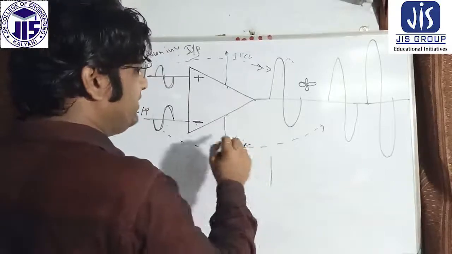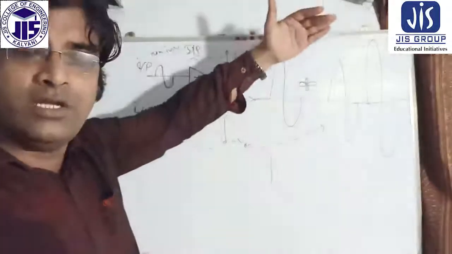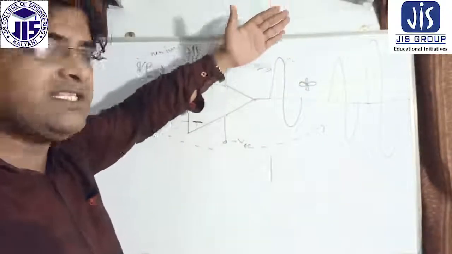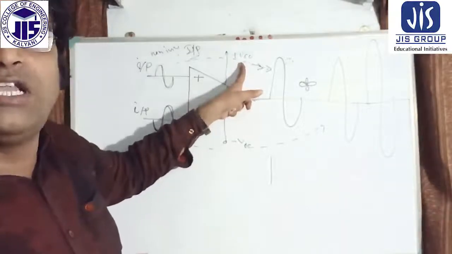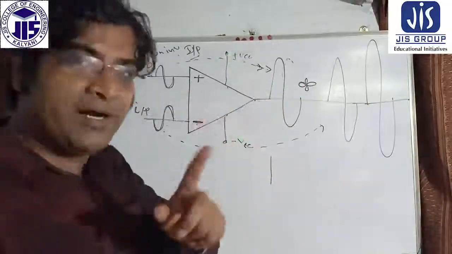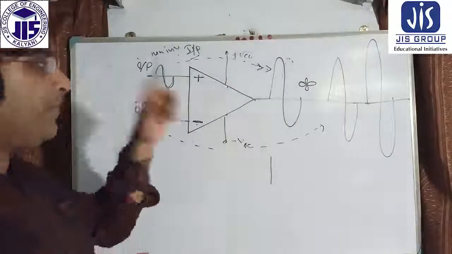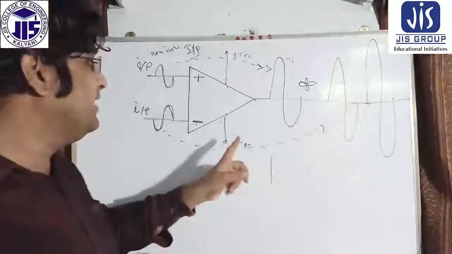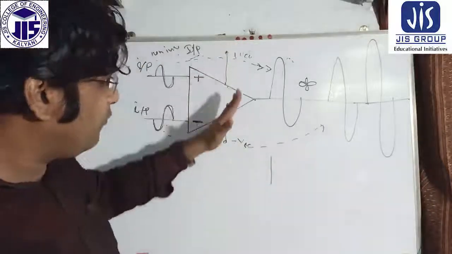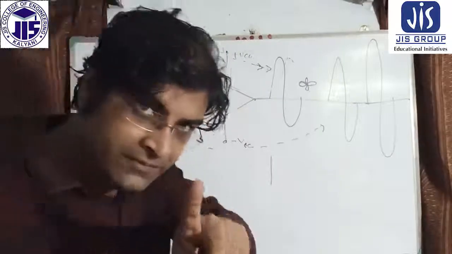For amplification of the positive part of the signal, this plus VCC voltage is working, and for the amplification of the negative part, the minus VCC is working. So these two voltages are vital in an operational amplifier.